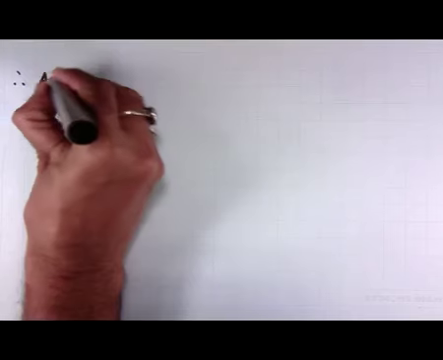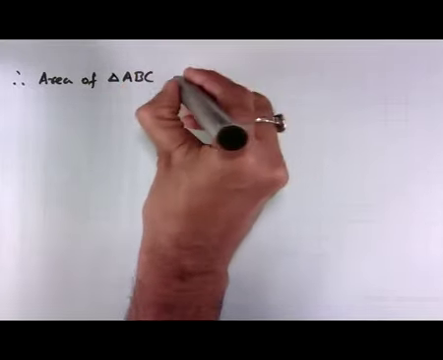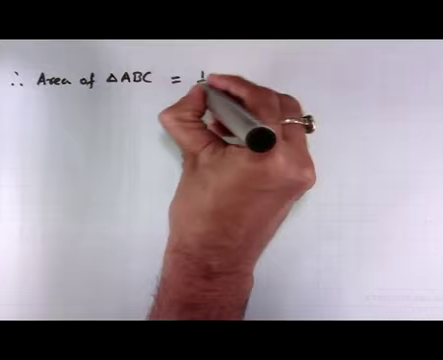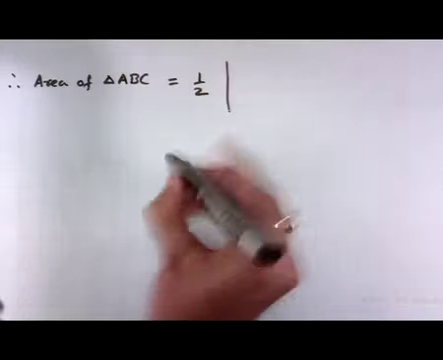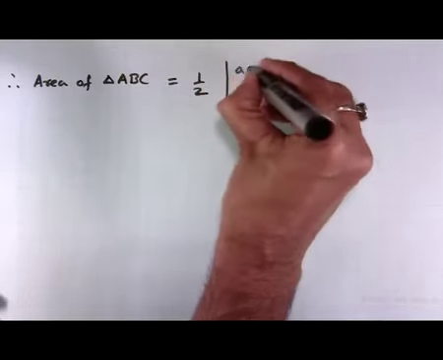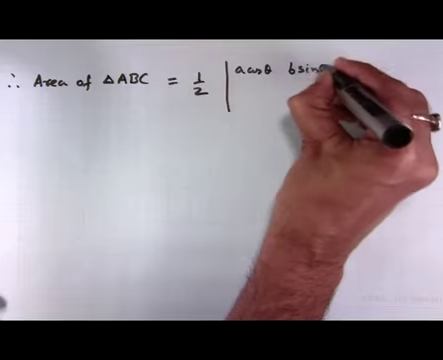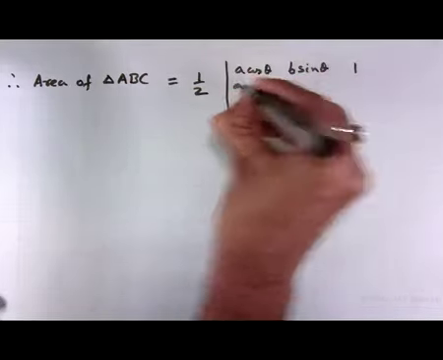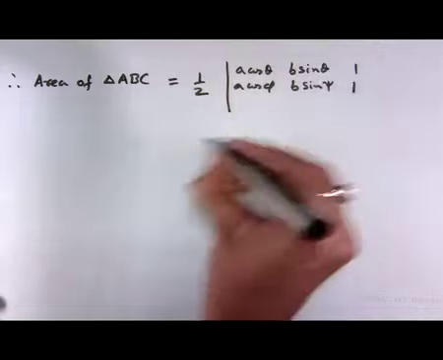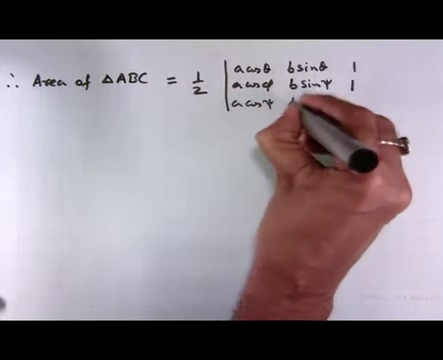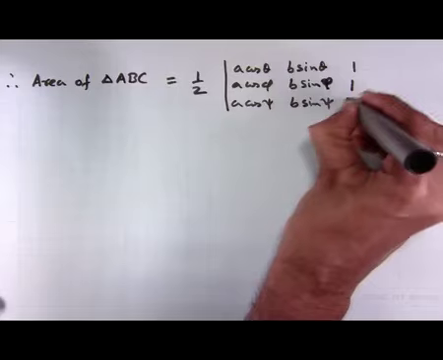Therefore, area of triangle ABC is equal to half times the determinant of x 1 is A cos theta, y 1 is B sin theta, 1, A cos phi, B sin phi, 1 and A cos psi, B sin psi, 1.